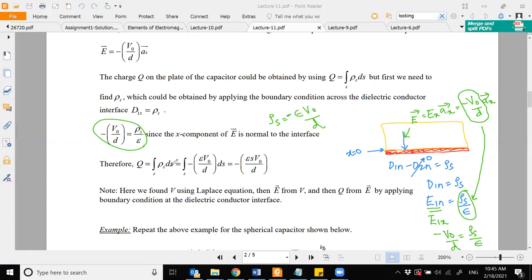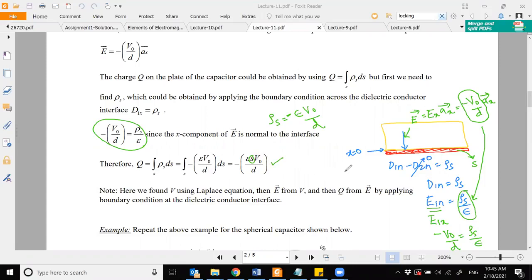And if you integrate over the surface, what will be the surface? That is the surface of your sheet, this one. And if the surface area is S, then it will be minus epsilon S V0 over d.